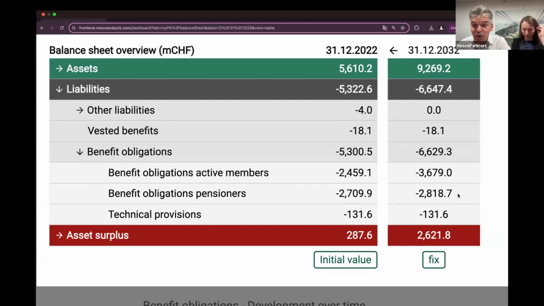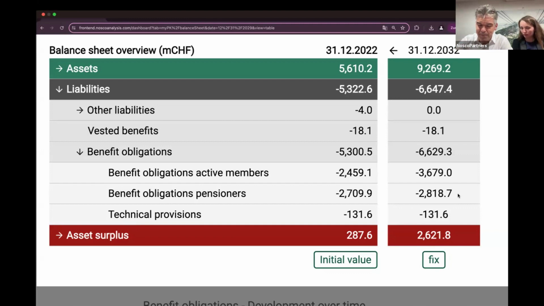So if the conversion rate is, say, 5.7%, that means if the employee has saved 1 million in capital, this will be converted at 5.7% into an annual pension of 57,000. And this pension fund wondered, what is our benefit if we now lower that to, say, 5.1%? That means a pension of 6,000 less for the same capital of 1 million. This is about 500 Swiss francs per month.